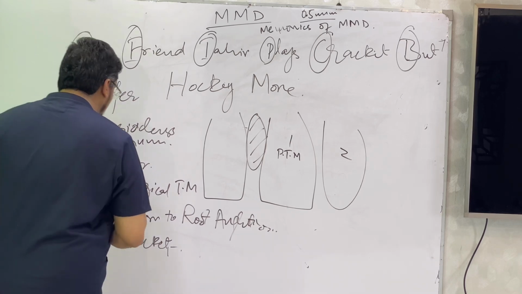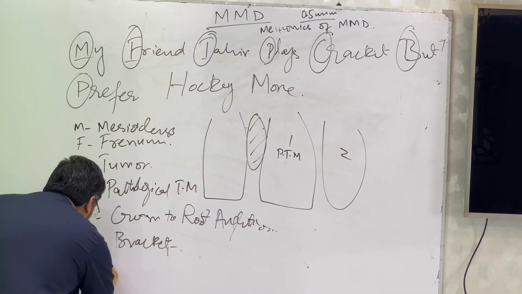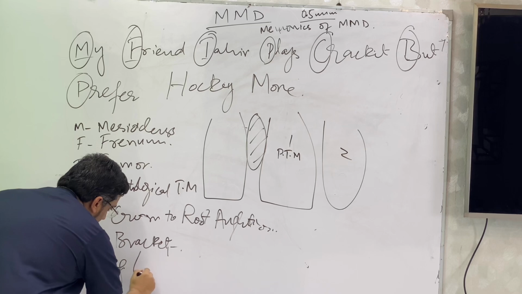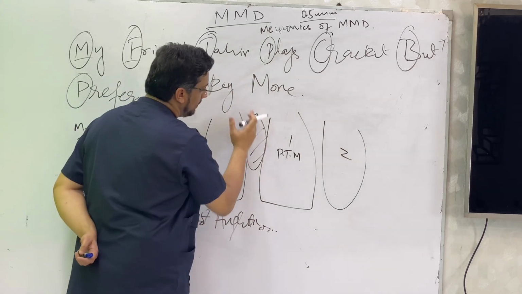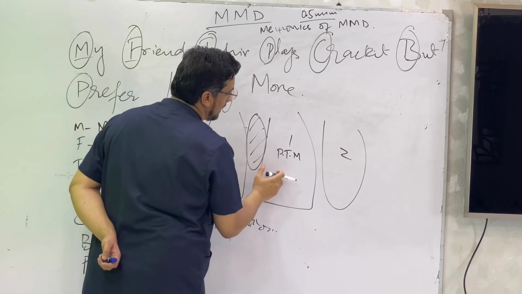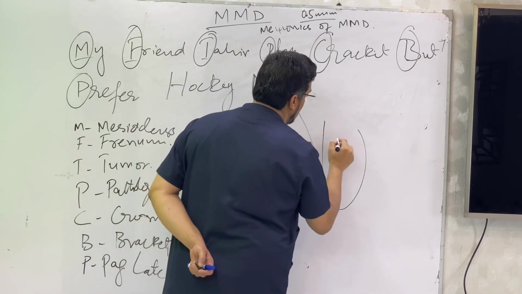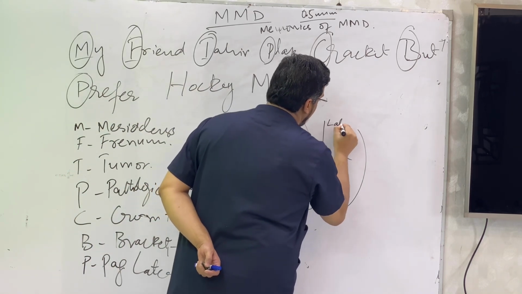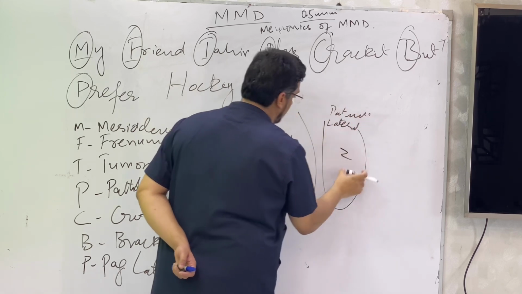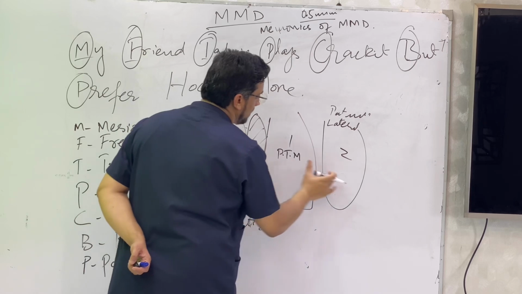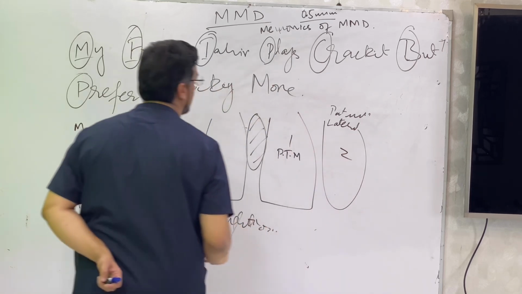P stands for palatal. Now if you see, we discussed all the etiology of the midline, then we come to the central incisors, then we are coming to the lateral incisors. So the palatal is an etiological factor because if it is diminished in size, the central incisors move into this place and can cause diastema.